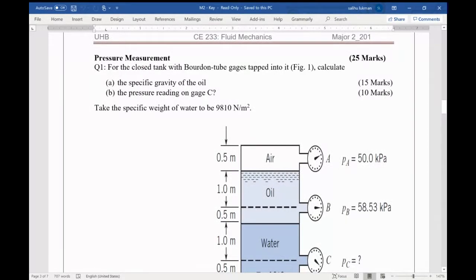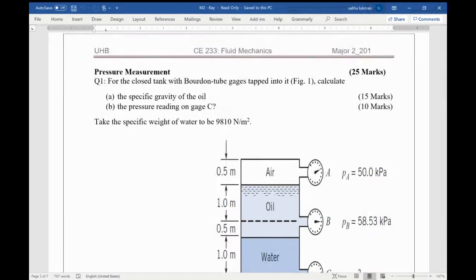You know, saying just find the pressure and specific gravity of oil. We use this here, which is now the pressure at B. It's equal to the pressure due to the height of the oil plus the pressure due to the air column, which is given by PA. So it is simply PA plus gamma oil times the height of the oil, which is 1 meter.